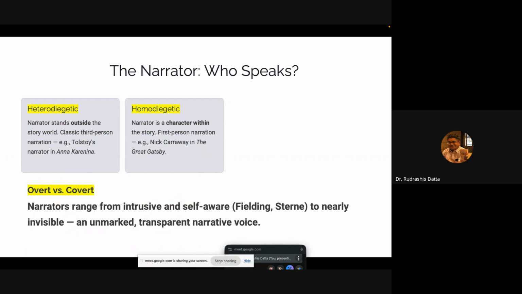In such a case, you have to tell that in one case the narrator stands outside the story world and narrates the story in the third person, and in the other case the narrator is himself or herself a character in the story and therefore narrates the story in the first person. Right? So these are the two types of narrators that we encounter in literature.